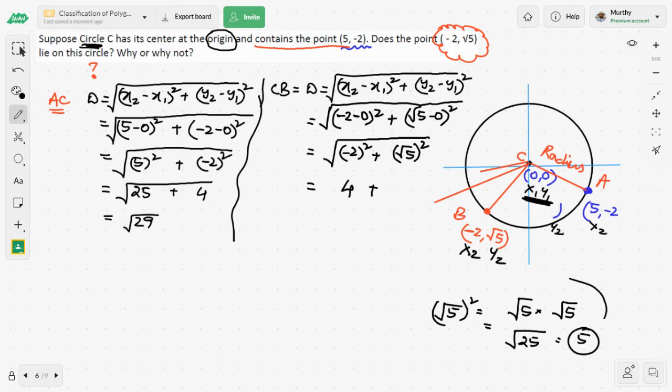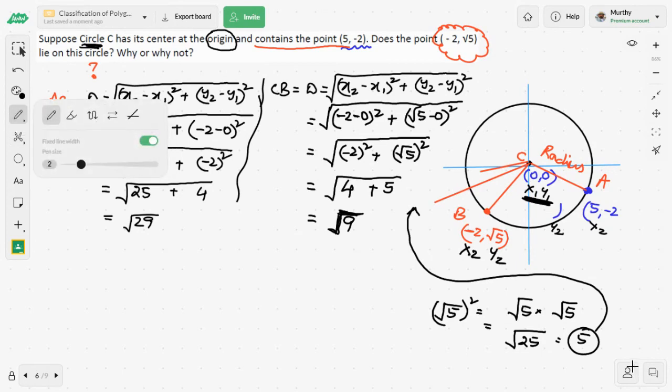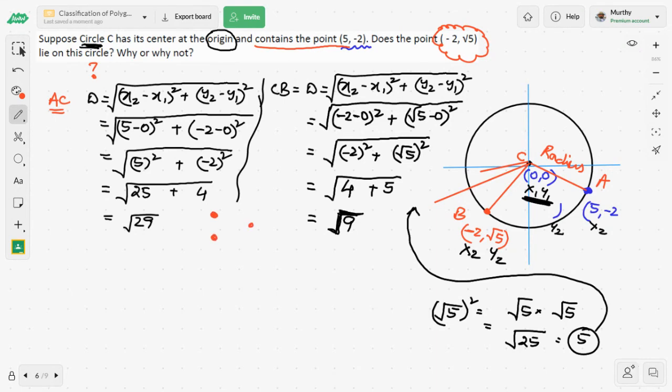So this value I'm taking here gives me 4 plus 5 equals square root 9. I know that square root 9 equals 3, but I don't want to compute that because I want to compare with square root of 29. I see that square root of 29 is larger than square root of 9.